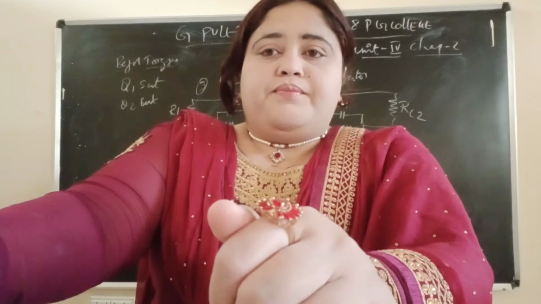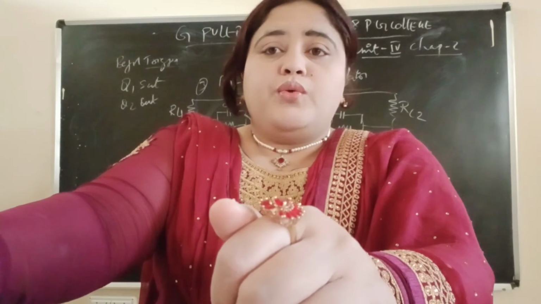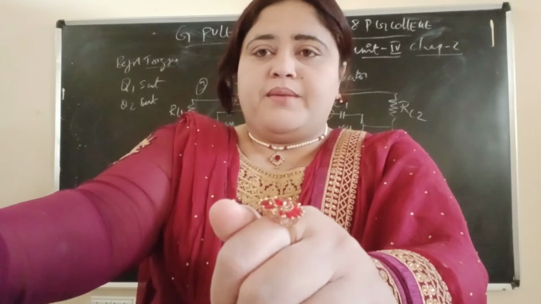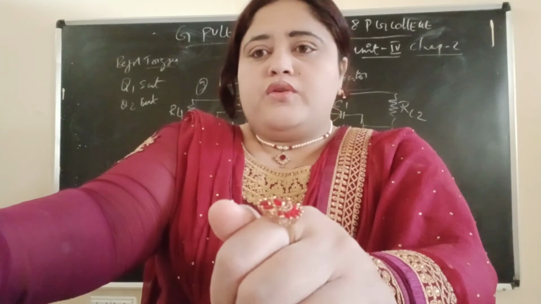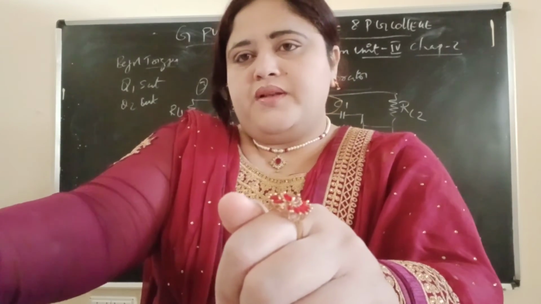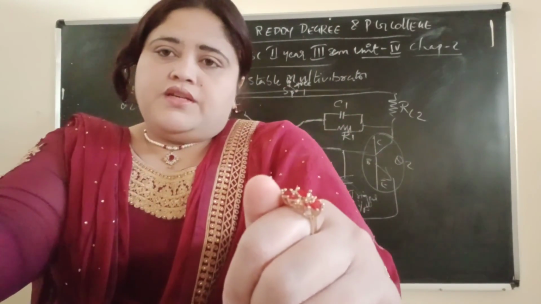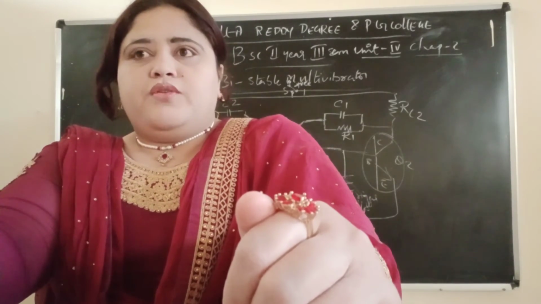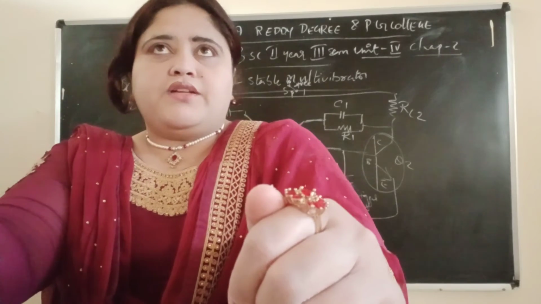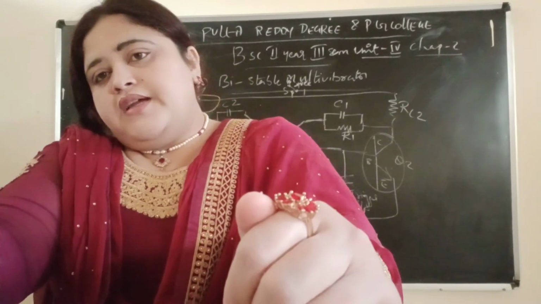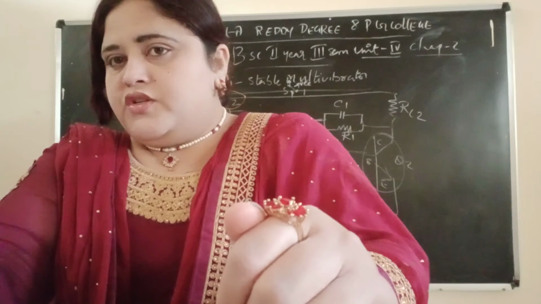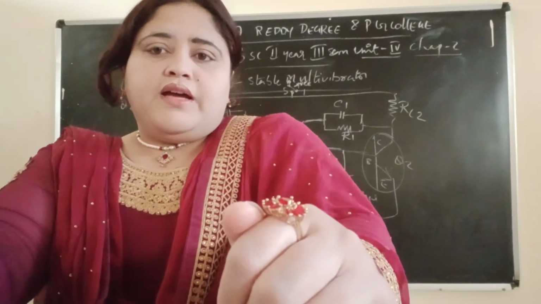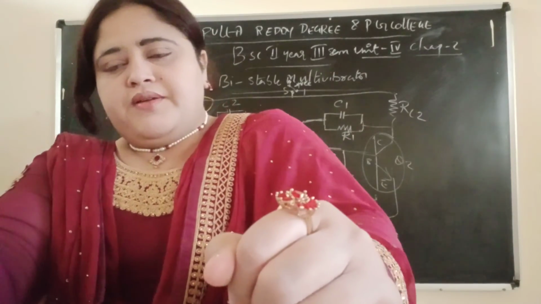Then SMPS. Unit 3, you can study the RC coupled amplifier or the feedback amplifier, options are there. If you want to study RC coupled, you have to study the whole RC coupled amplifier. If you want to study feedback, you have to study the whole feedback. If you study RC coupled, then the advantages and disadvantages of negative feedback, and the definitions of positive and negative feedback, will be more than enough. Then from the 4th unit you have oscillators and multivibrators.